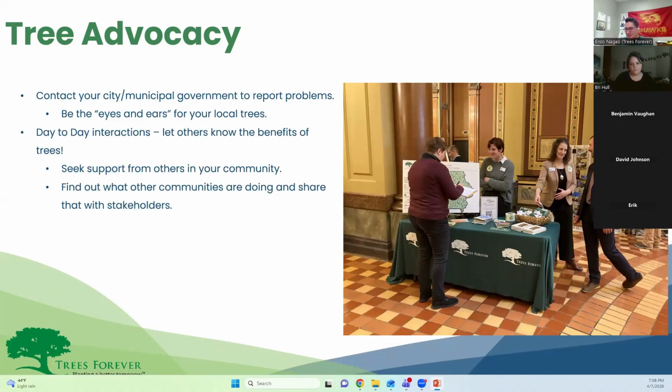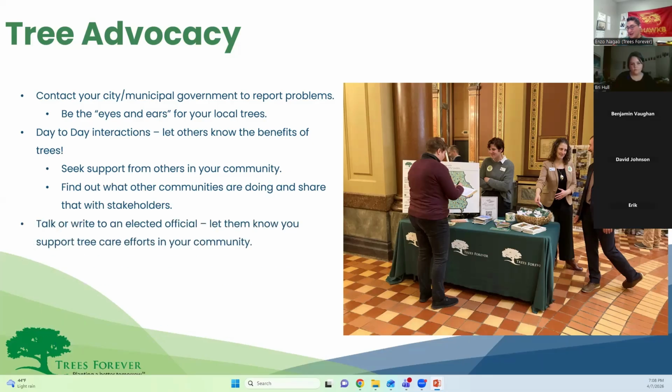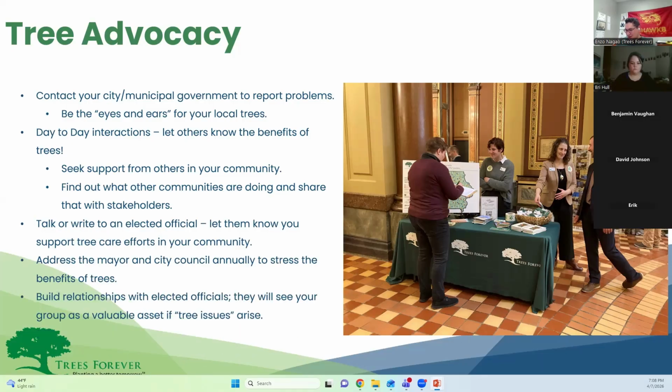And also just in your day-to-day interactions, take the information you've learned and share that with other people, seek support from other people in your community, and find out what other communities are doing and take that information to the people in charge and see if you can organize something. You can always talk or write to an elected official, let them know that you support tree care efforts in your community, or address the mayor and city council annually to stress the benefits of trees and build relationships with those elected officials.